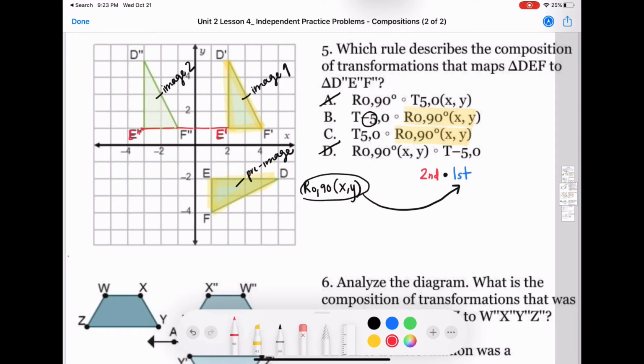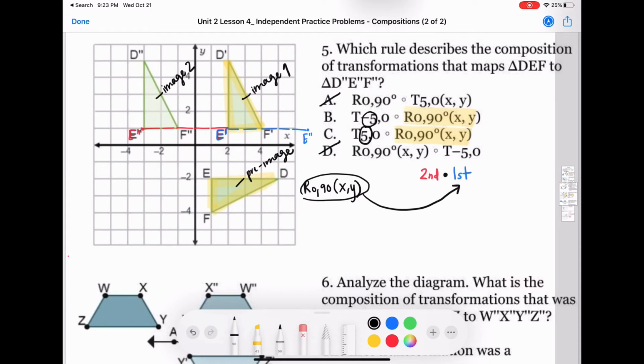Well, let's just double check the next statement to make sure that one has an inaccuracy. Here we have a translation of +5, so 5 units to the right. Well, again, we'll identify E prime and move 5 units to the right. 1, 2, 3, 4, 5. Well, it doesn't look like our transformation took place this way because this does not map to our image 2.